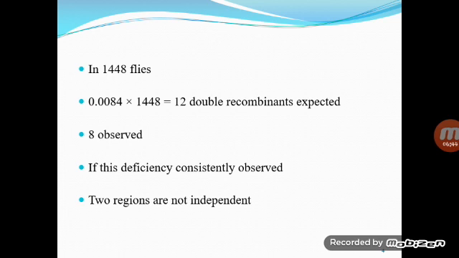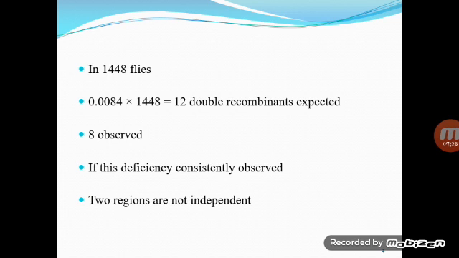In another sample previously discussed, Drosophila flies, the total progeny was 1448. So their double recombinants can be calculated. 0.0084 multiplied by 1448 will be equal to 12. 12 double recombinants are expected.